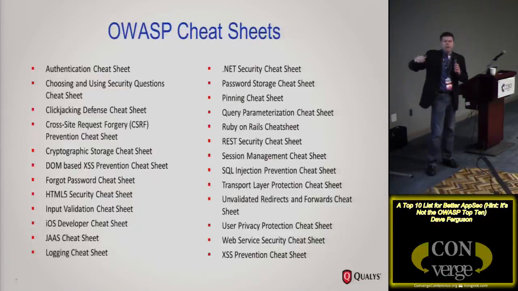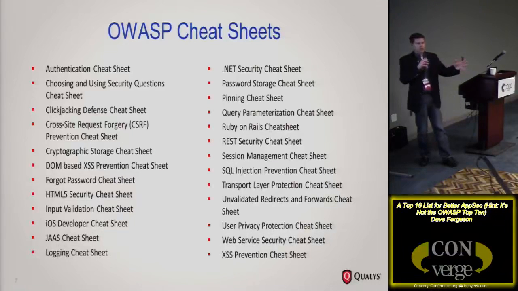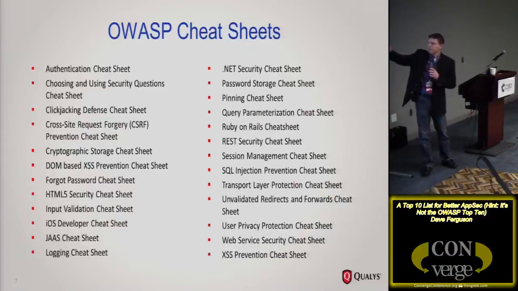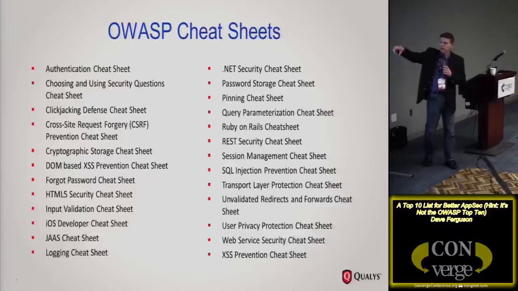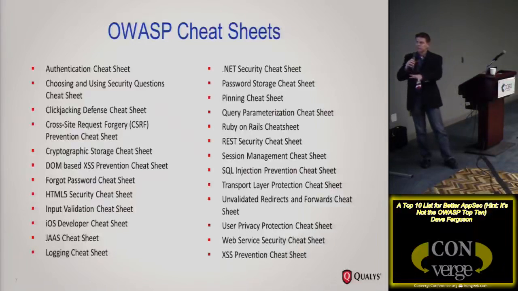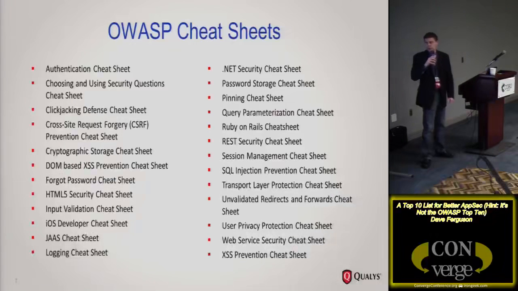There's a cheat sheet for that. There's a cheat sheet for almost anything you can think of. I was the original author of the forgot password cheat sheet, which is up here somewhere. But this has been an effort by a lot of smart AppSec people, and it's like a great place to go, especially for developers, to reference specific topics.